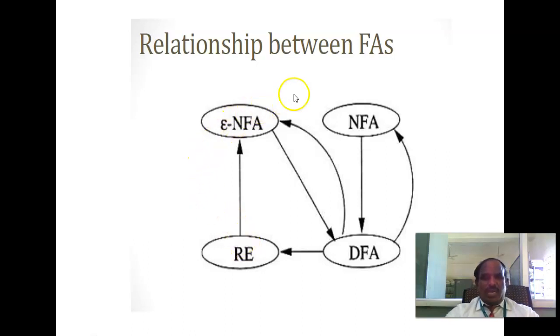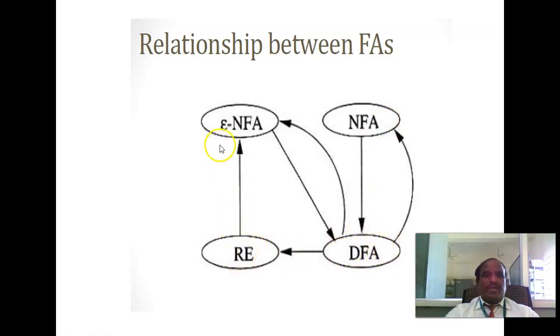So what is the relation between all these things? If any regular expression is given, we can convert it to epsilon NFA. If epsilon NFA is there, we can convert it to DFA. If DFA is there, we can convert it to epsilon NFA. Similarly, DFA we can convert to NFA, NFA we can convert to DFA, and DFA we can convert to regular expression.